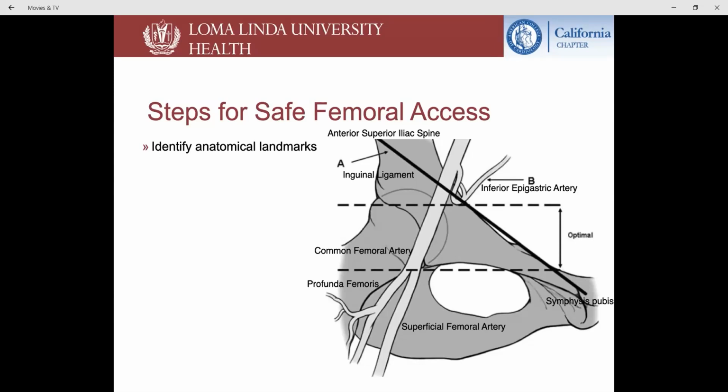The optimal location for access in the CFA is over the femoral head, below the lower course of the inferior epigastric artery, and above the bifurcation of the superficial femoral artery and profunda femoris, as you can see there in the picture.